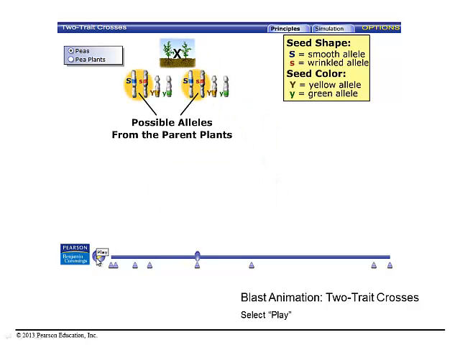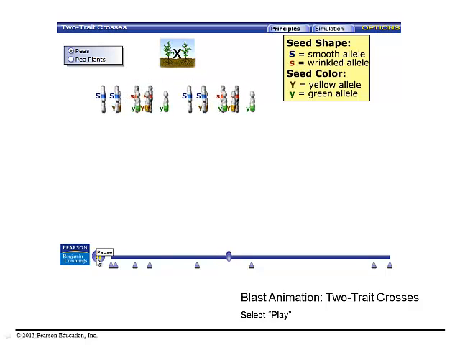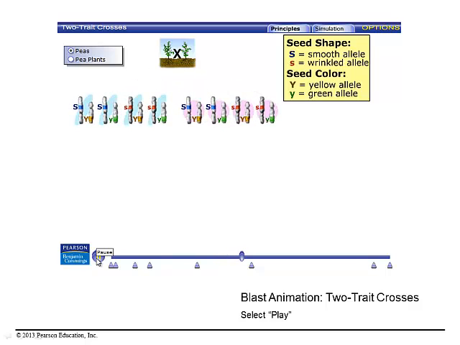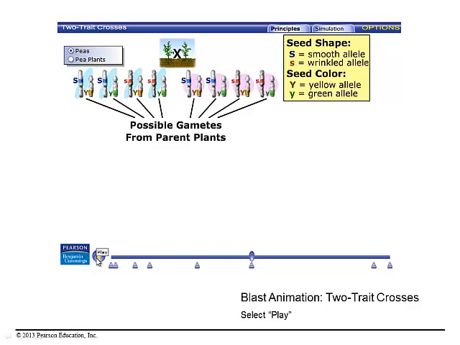So what do these parents look like? Yeah, they're smooth and they're yellow. But they're what? They're heterozygous. So when these alleles separate, they can only give one copy to their gametes, yes? They have two copies, though.